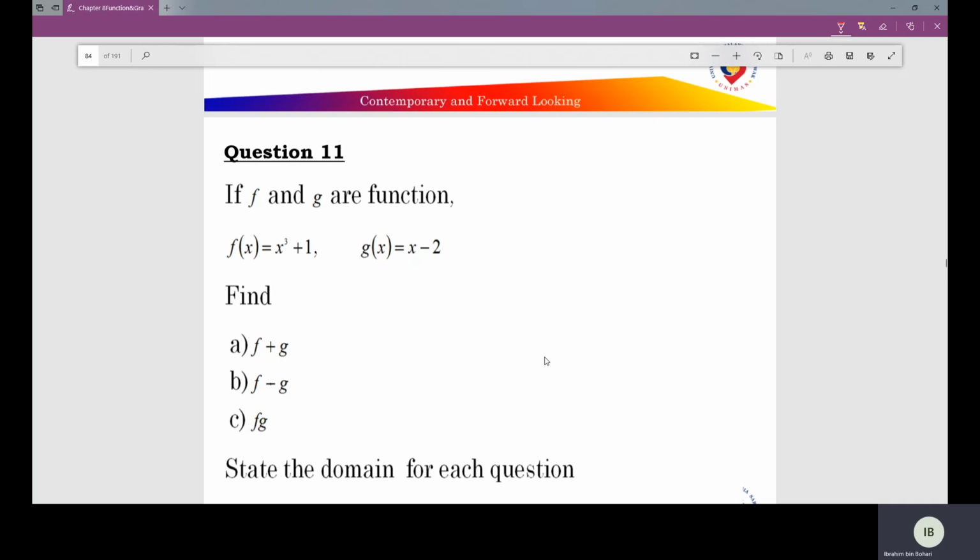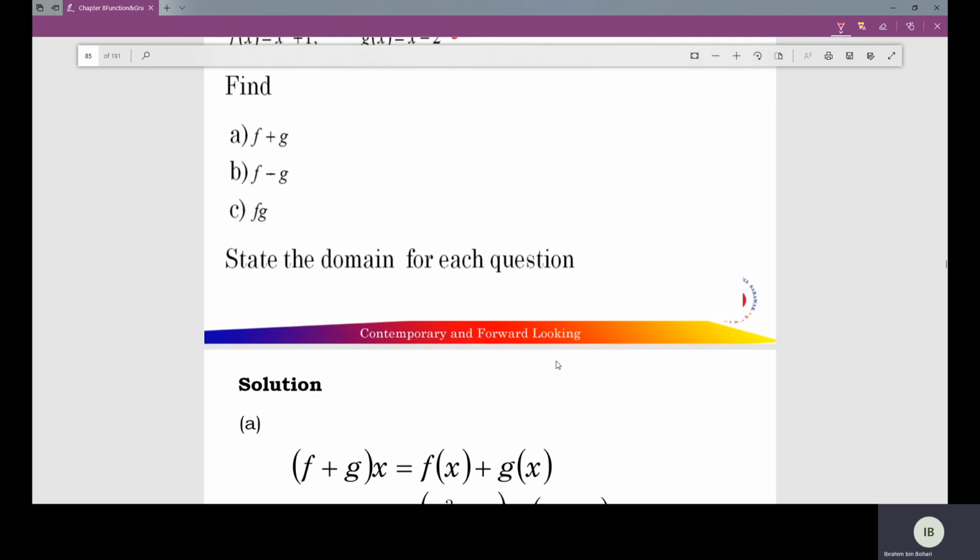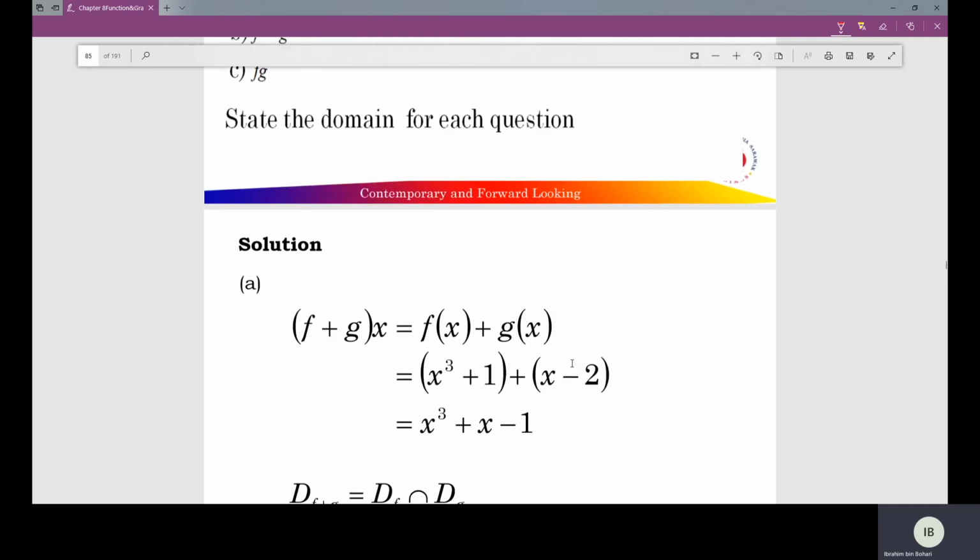Okay, question 11. Function f(x) equals x cubed plus 1, and g(x) equals x minus 2, the linear function. Okay, and the cubic is x cubed plus 1. First, f(x) plus g(x), and you state the domain for each function.